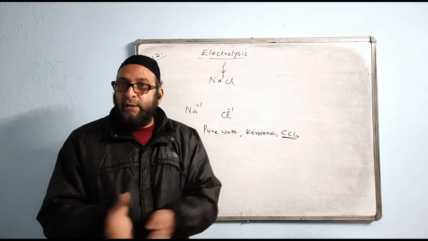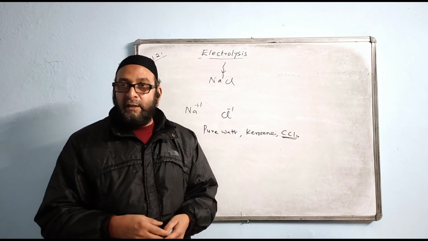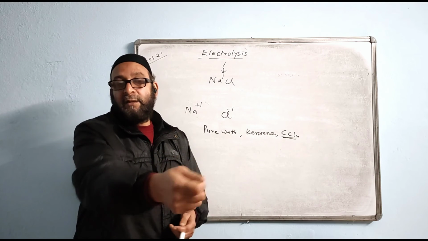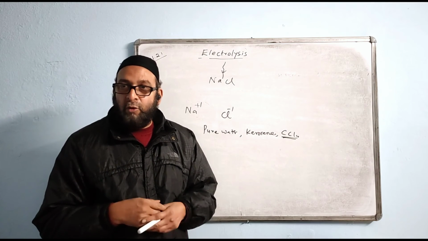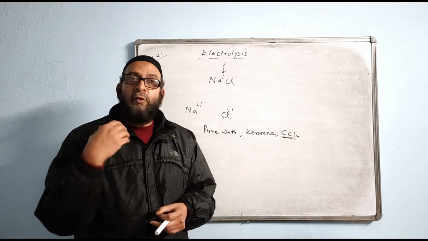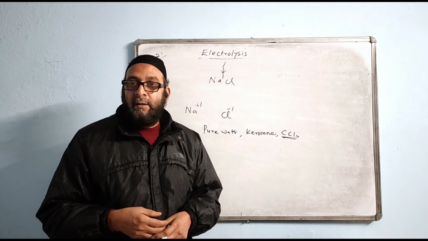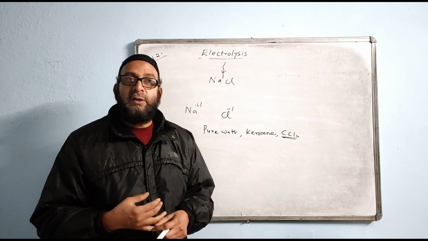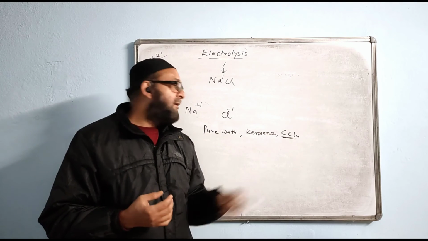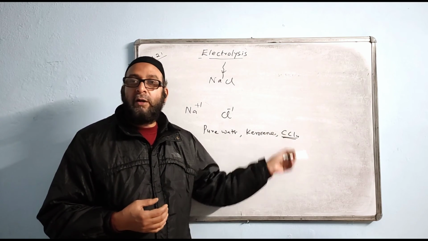Because of that, it is a good conductor of electricity. When you throw water on the fire on an electrical cable, there is a high chance that you may receive an electric shock. So, how to prevent that? You have to use carbon tetrachloride. The question may come: name a substance used in putting off electrical fire. The answer is CCl4. And what is the reason for this use? We say it is a non-electrolyte.